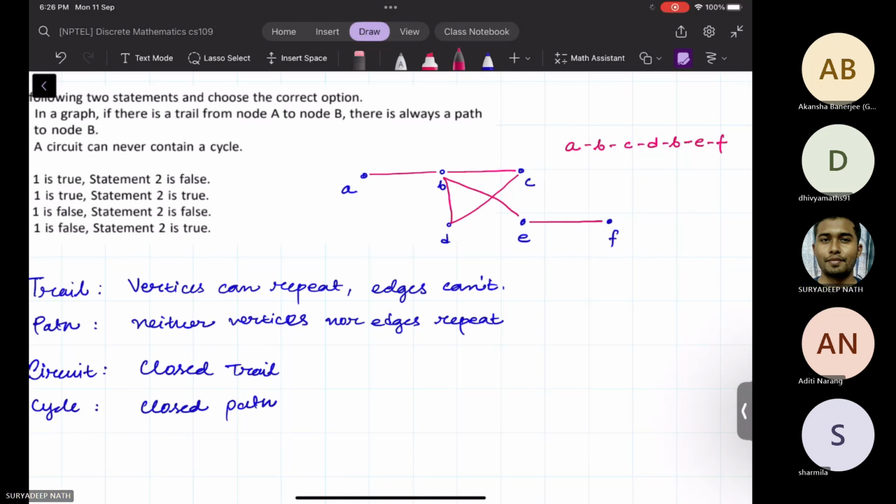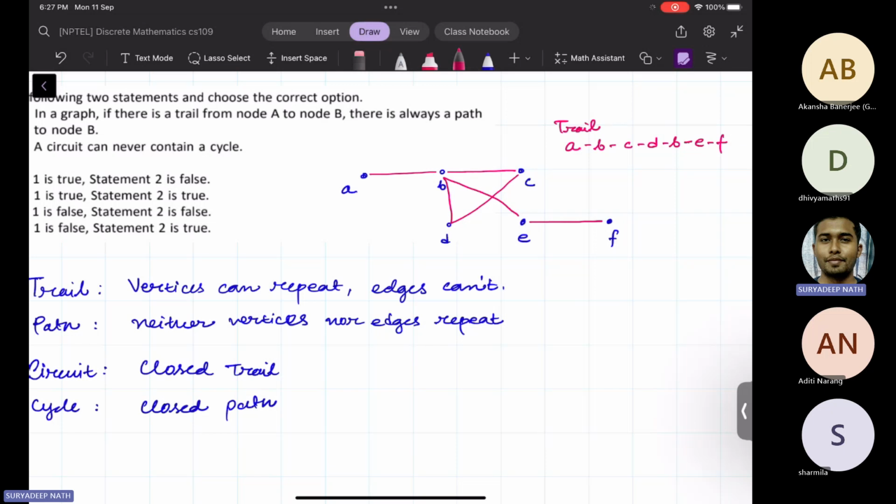Is there a path inside this trail? No, this whole thing is not a path because B is repeating. It is a trail. But I am asking, can we locate a path that is inside this trail?